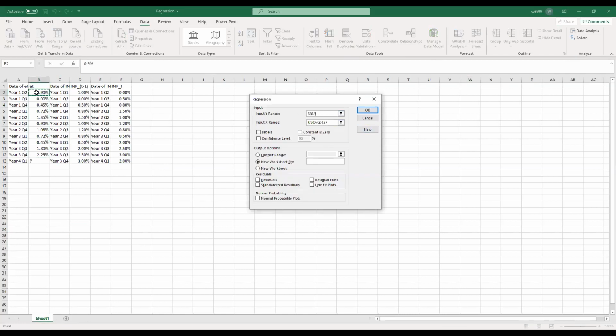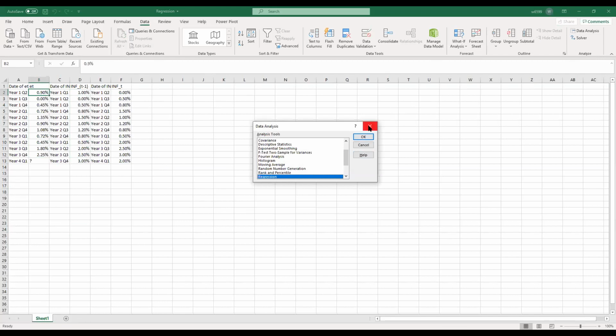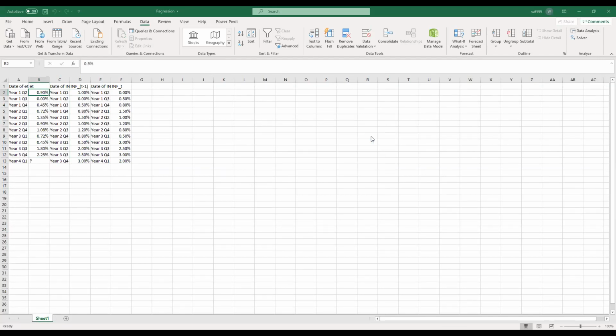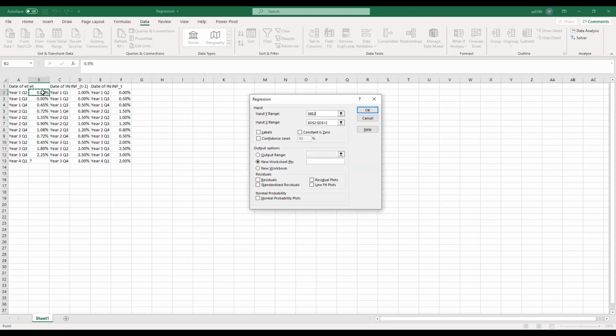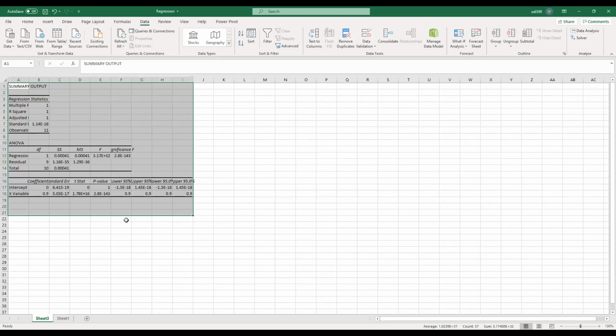What I did is click data analysis and choose regression. Y is this column, X is this column, and OK. Those are our regression results.